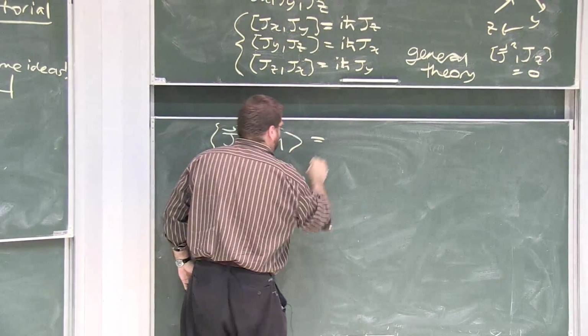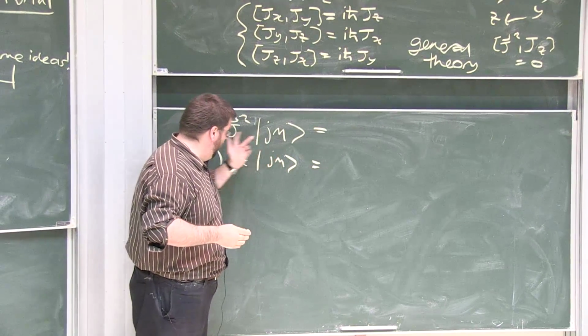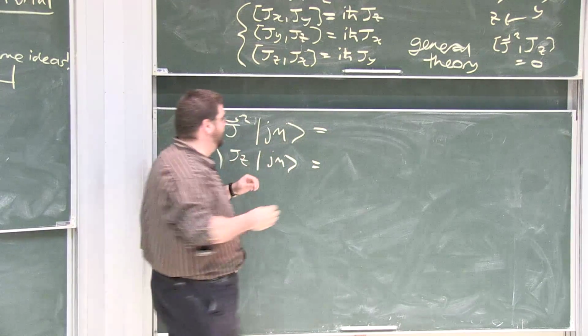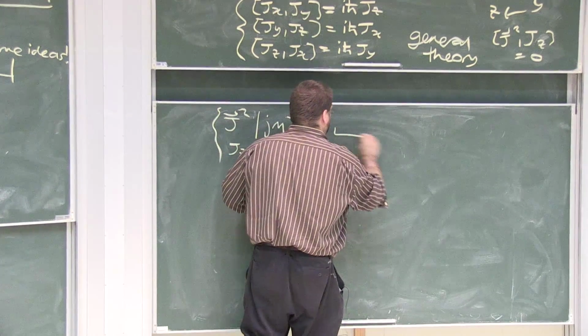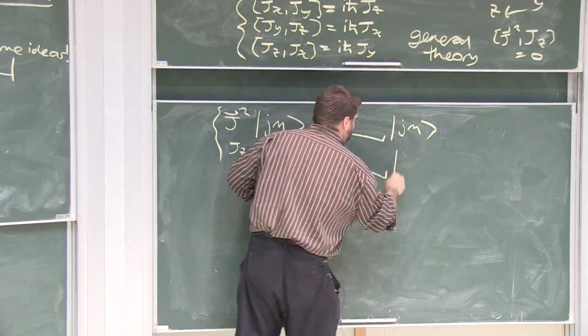And these are our generalised spherical harmonics. Operator acts on eigenket to give eigenvalue times the ket back again. Similarly for the second equation.